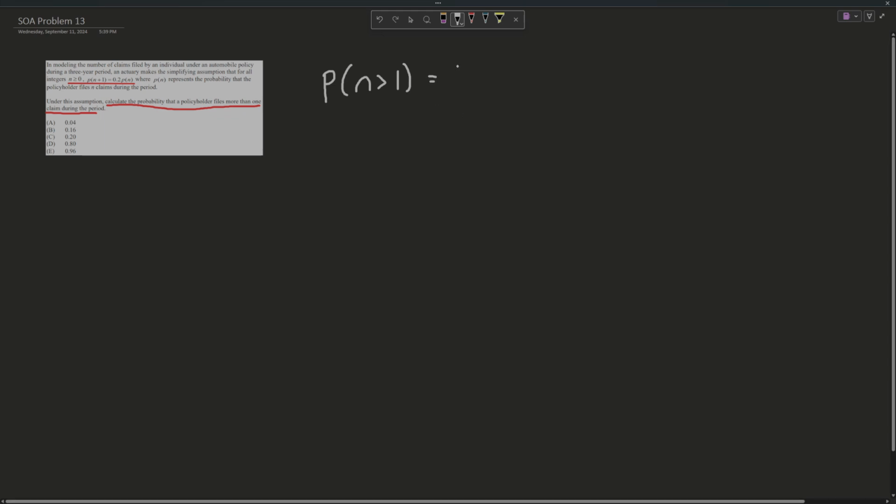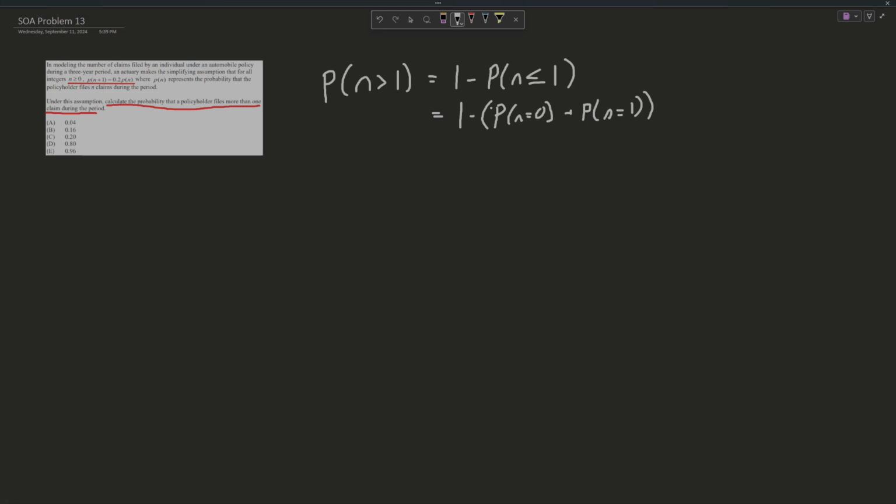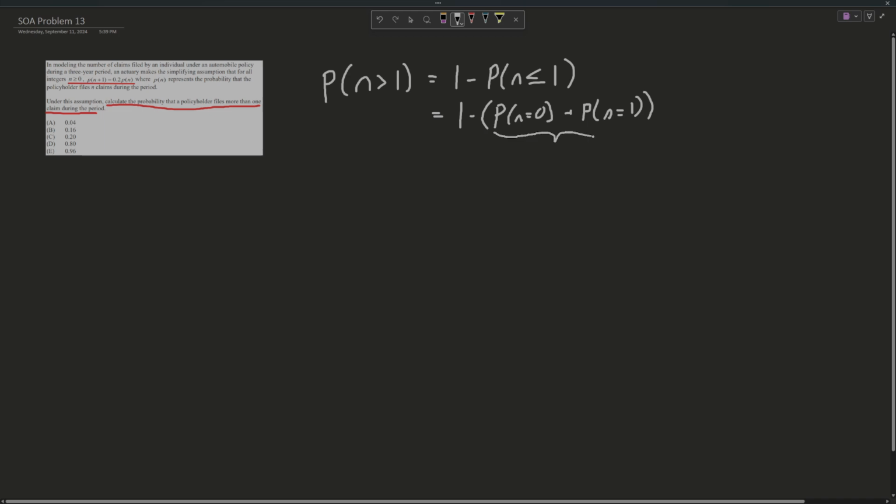And we know that that is the same thing as 1 minus P(N ≤ 1). And that is the same thing as 1 minus P(N = 0) and P(N = 1), because our range goes from 0 to infinity. So we just need to find this right here.